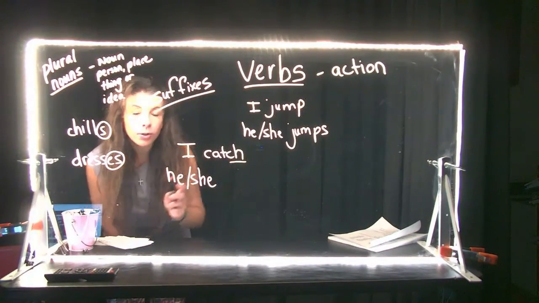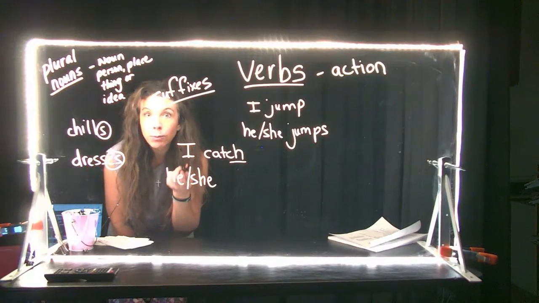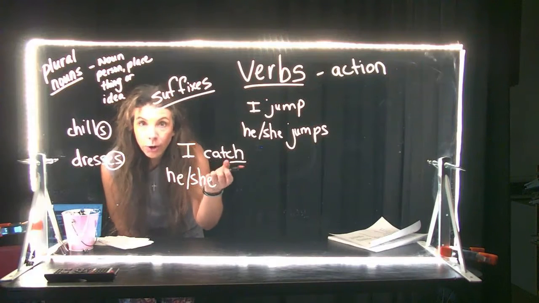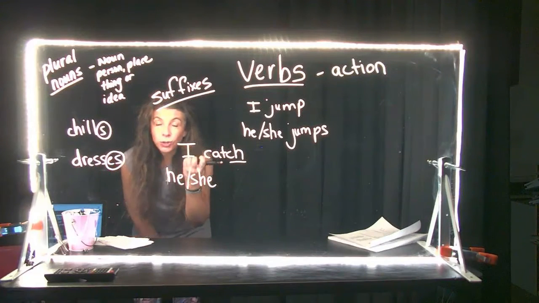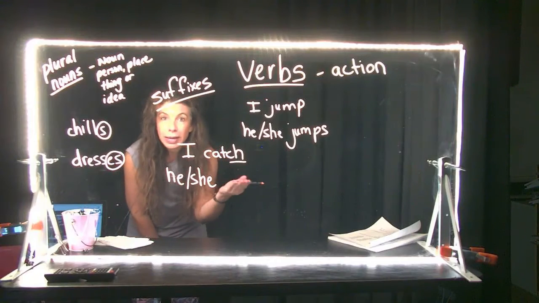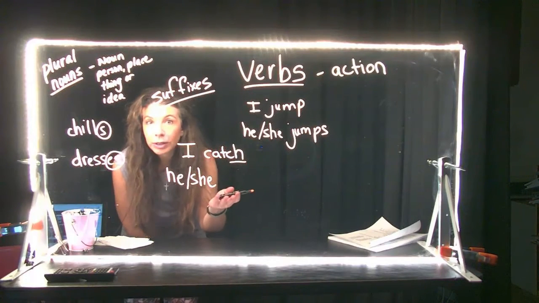Now, that ends with a CH, so remember, it follows the same rule, like on a plural noun. Because that verb, catch, ends with a CH, you must add an ES to make the verb go with the pronoun for a verb agreement.